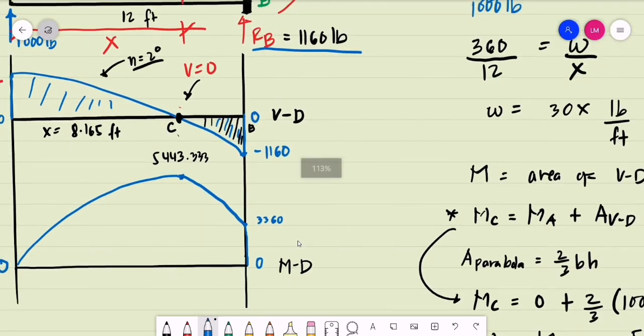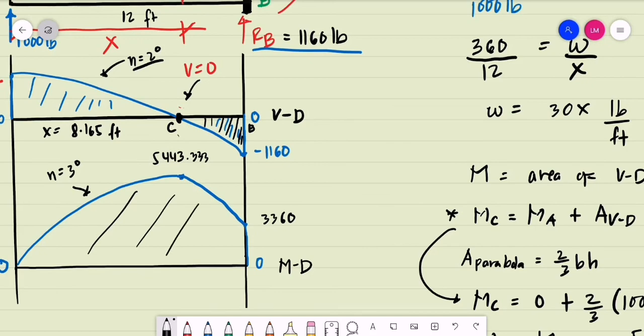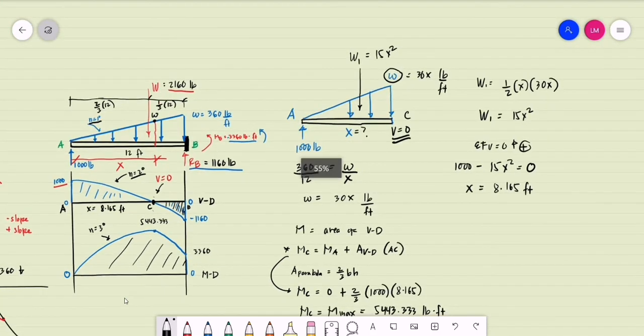So this will be our moment diagram. And the degree of our moment diagram, since our shear diagram is second degree, the moment diagram should be a third degree curve. Okay, so this will be our moment diagram, and this will be our solution for this example.